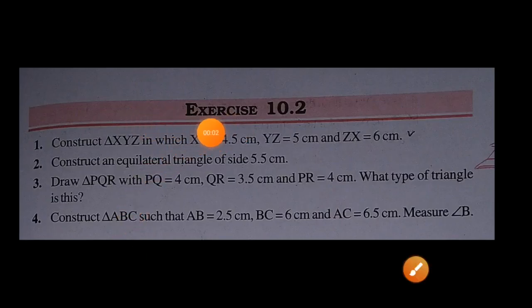Today we are going to start exercise 10.2. Question number 1. Construct triangle XYZ in which XY equal to 4.5 cm, YZ equal to 5 cm and ZX equal to 6 cm. For this, first we construct XY equal to 4.5 cm.